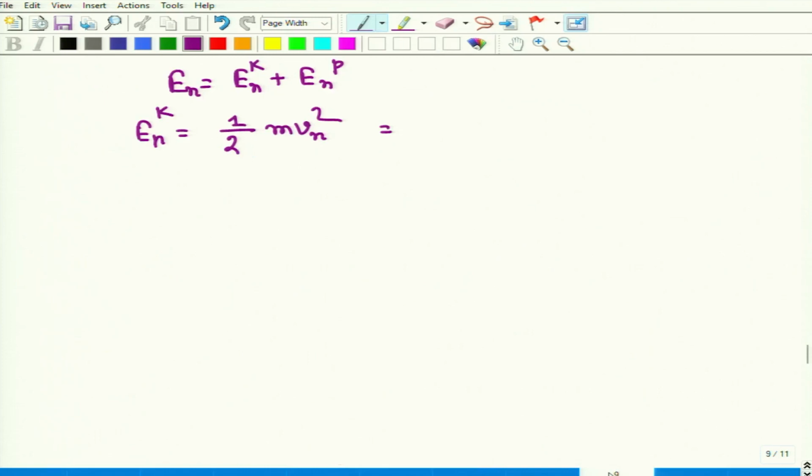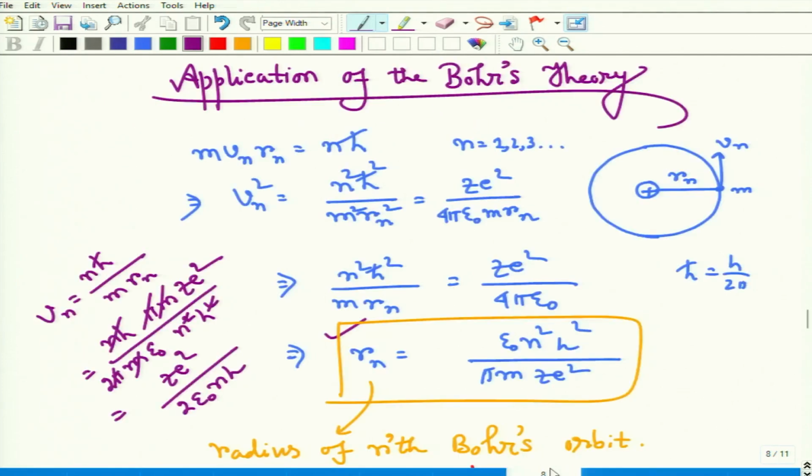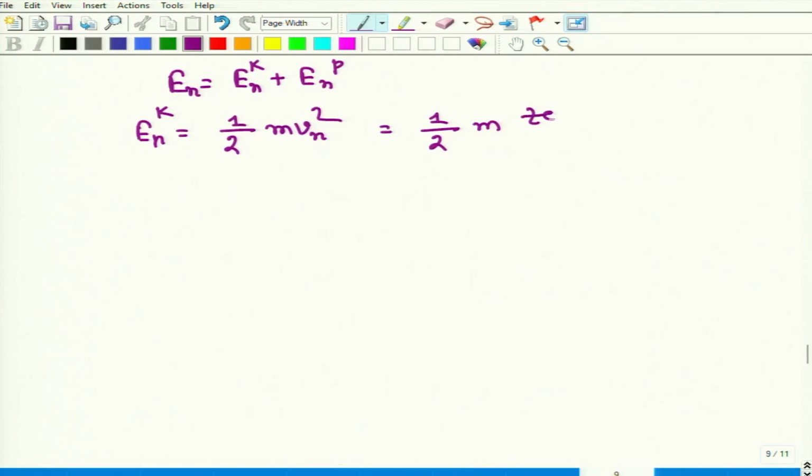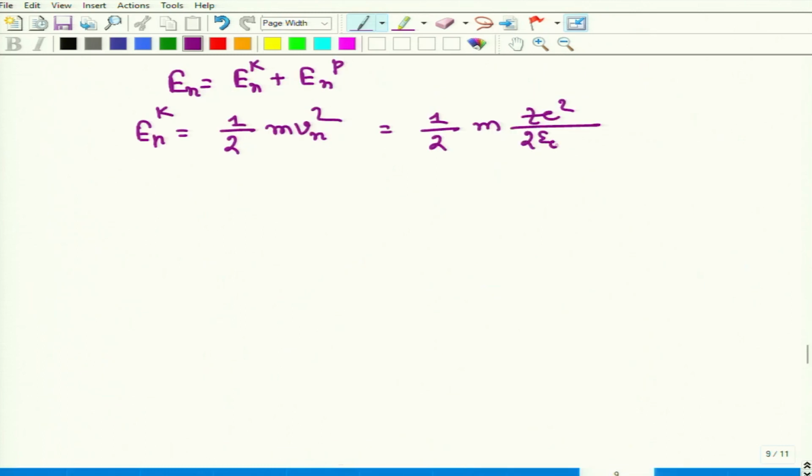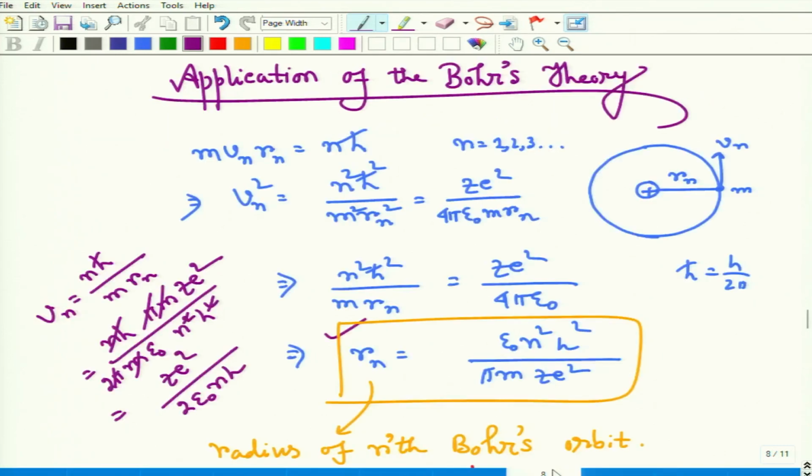So if we put it, then it will be half m Z² e⁴ by 2 ε₀ nh. Okay, m must be there, right? Here must be one m, I think, half mv². Okay, we can take this equation.